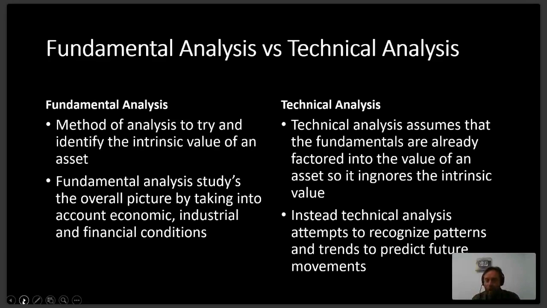So that's the key difference. One really looks into the nitty-gritty, the background information, the overall data and things which could actually affect the intrinsic value, whereas people who trade technical analysis say, I'm going to ignore that. That's already factored in. I'm going to see if I can identify patterns based on previous price action, etc.